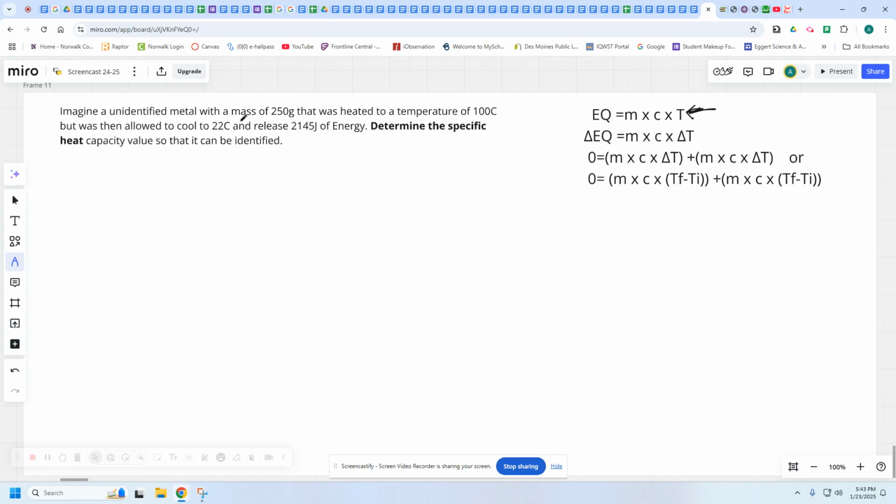In this case, this problem sounds like there's a change in temperature going on between just one object. So we're going to use the change in EQ equation because it has the change in temp and it doesn't really account for any other object or system. So I'm simply going to plug in the mass, the change in temp, and the energy that was released for the change in EQ and rearrange it for the C value.